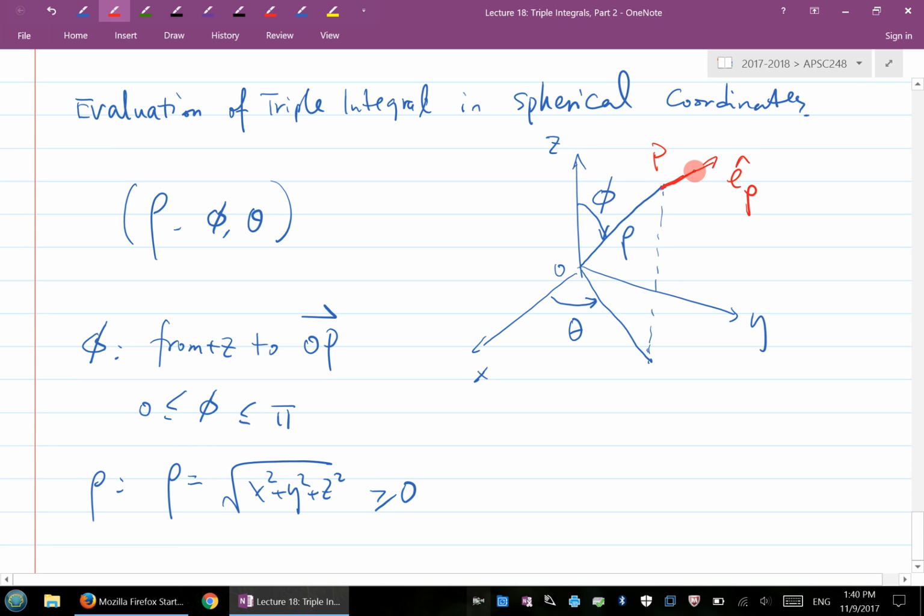Then you draw another one in the phi direction. Phi is perpendicular to this, so it should be this direction here. That's your rotational direction. And then theta is in that direction here. So that all together constructs the spherical coordinate system.